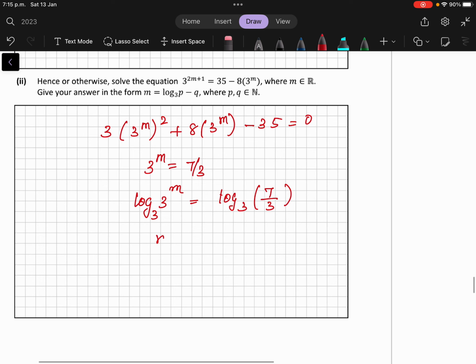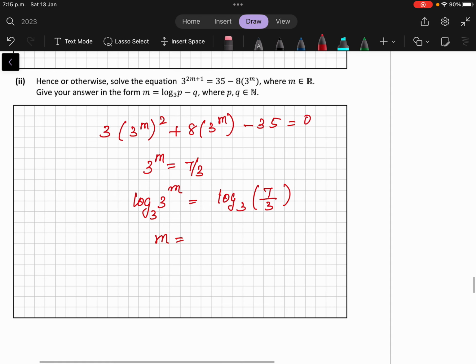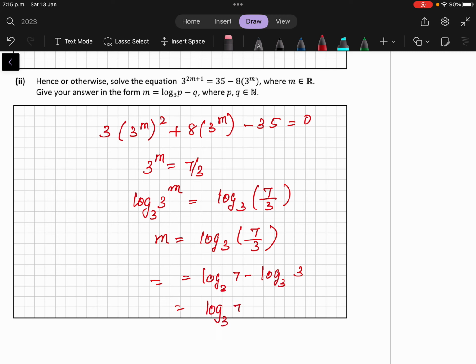Or m is equal to, because log base 3 of 3 is 1, log base 3 of 7 over 3, that's equal to log base 3 of 7 minus log base 3 of 3, so it is log base 3 of 7 minus 1. So log base 3 of 3 is 1.